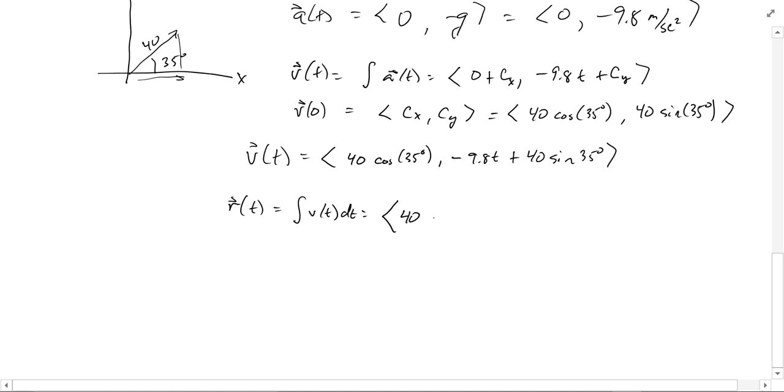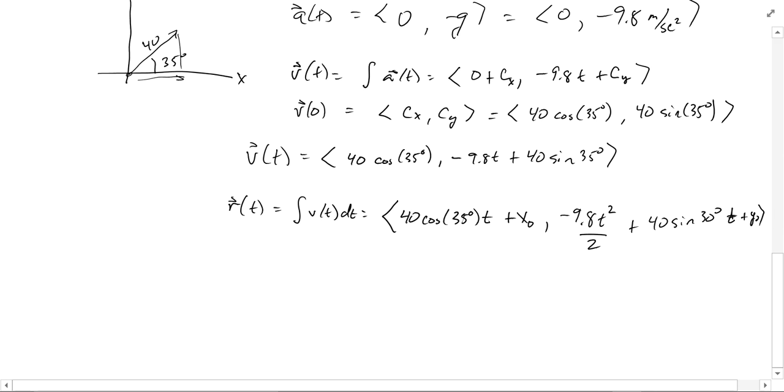So I'm going to get 40 cosine of 35 degrees times t plus some constant, let's go x0, some unknown x constant, and then our antiderivative on the y value would be minus 9.8t squared over 2. Add 1 to your exponent, divide by your new exponent, plus 40 sine of 35 degrees t plus some initial y coordinate as well.